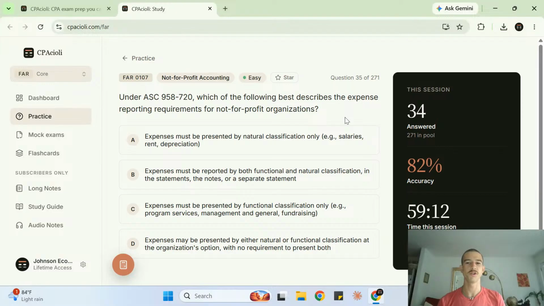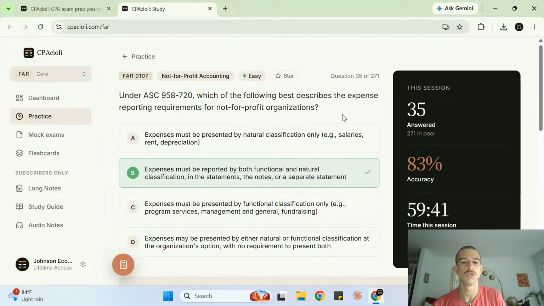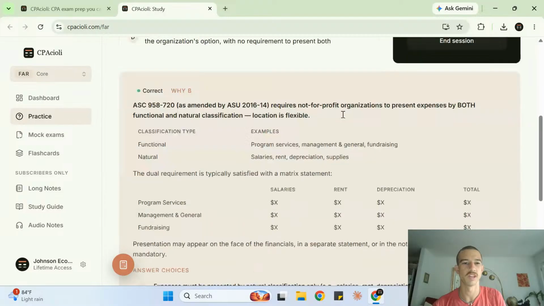All right, let's do one more. Let's go. Which of the following best describes the expense reporting requirements for not-for-profit organizations? Should be B. Expenses must be reported by both functional and natural classification in the statements, the notes, or a separate statement.